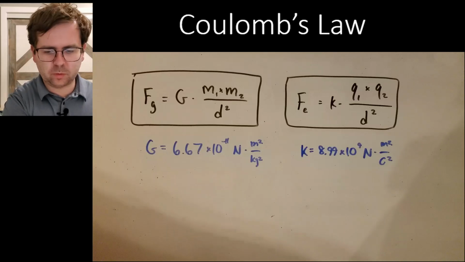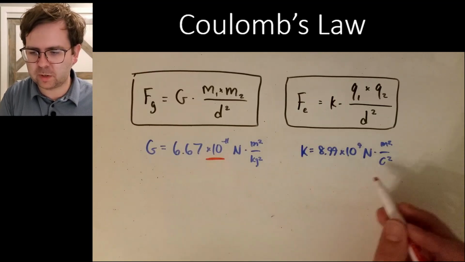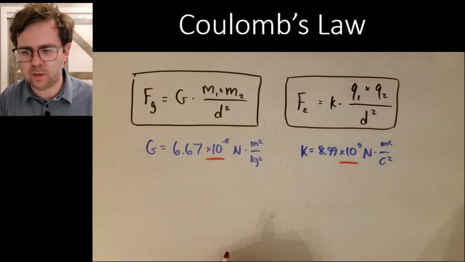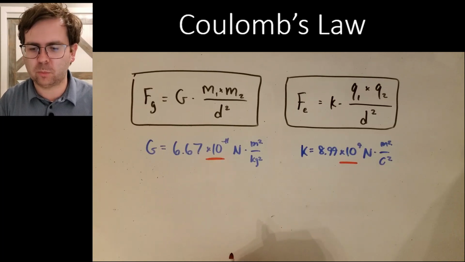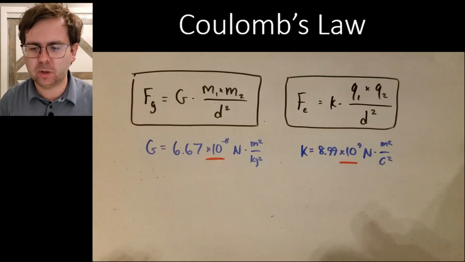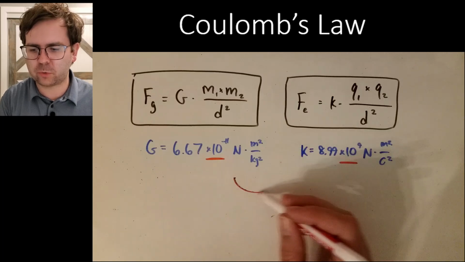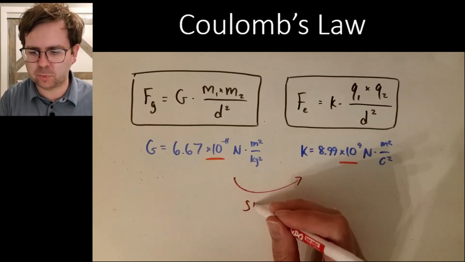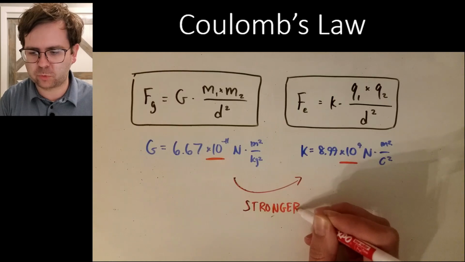So that's a big difference, because this is times 10 to the negative 11, this is times 10 to the 9. That's nearly 20 orders of magnitude, which is a trillion, like it's a big number of difference between them. This one is much higher, and so the electrostatic force is much stronger than the gravitational force.